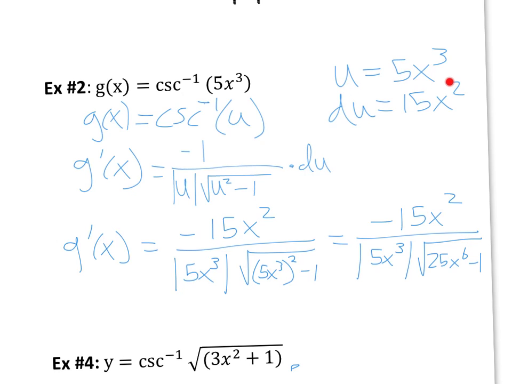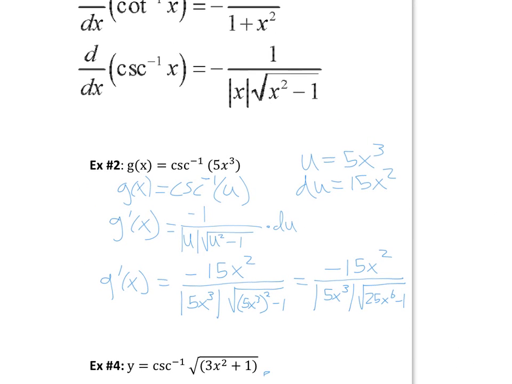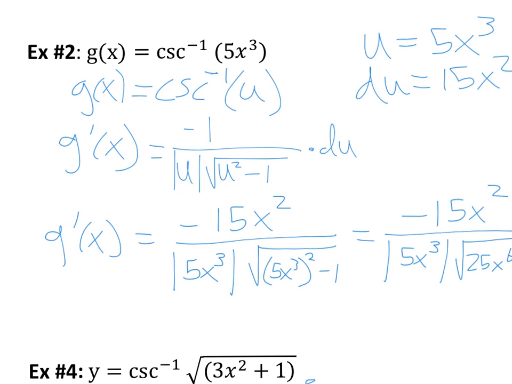Alright, so my u is obviously going to be this 5x cubed, therefore my du is 15x squared. Now I'm just taking the derivative of inverse cosecant of u, and that is right up here. It's just this formula. Instead of x's though, it's u. So plug it all in with the du out here.